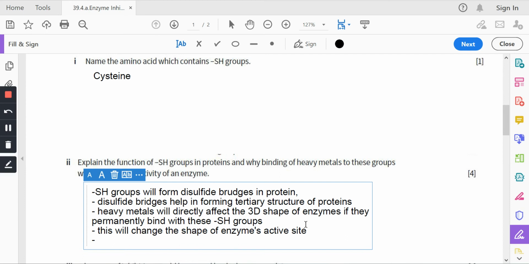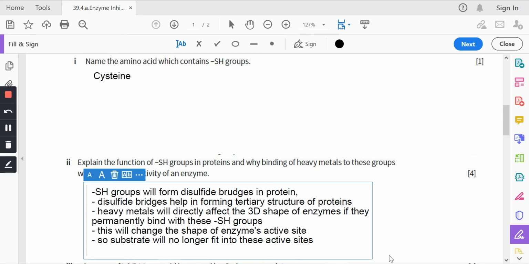So if the enzyme's active site shape is changed, the substrate would not be able to complementarily fit into the active site. So substrate will no longer fit into these active sites. So that will affect the enzyme's activity.